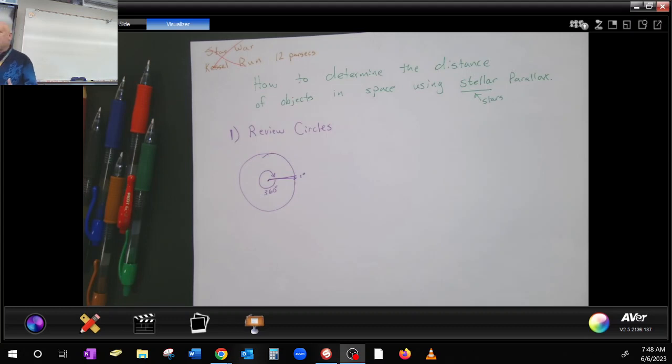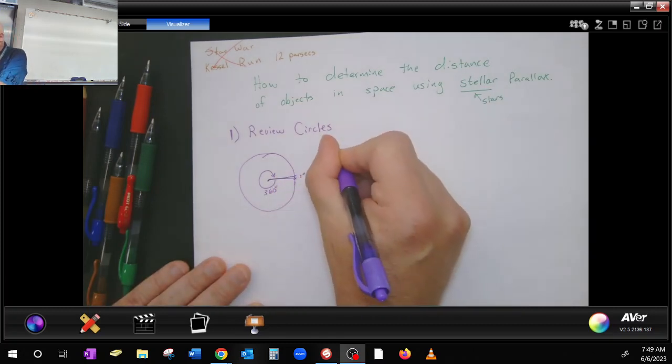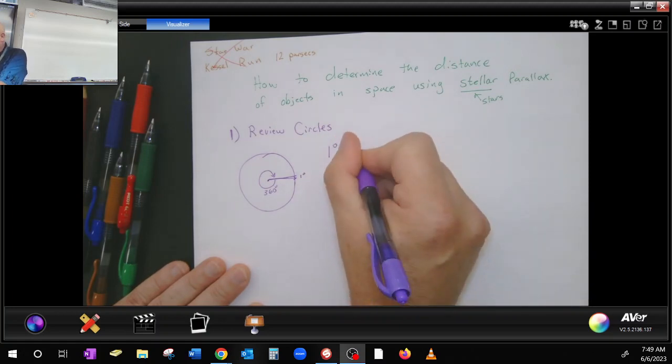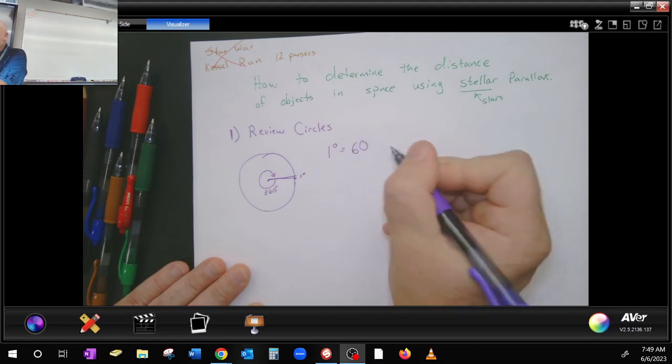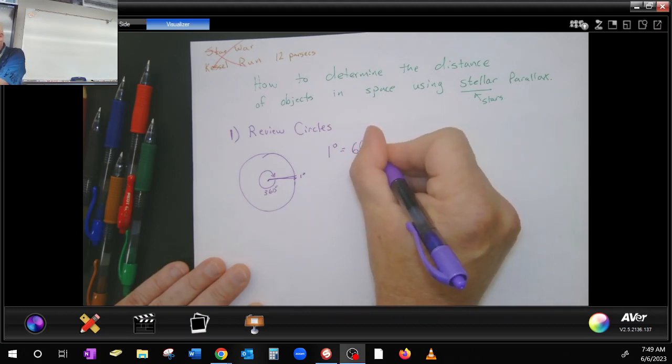So we're not going to be able to take half a degree and just say that would be 0.5 of a degree. We have a different system of breaking it down that's going to sound like something you've heard of before. 1 degree on a circle can be broken down into 60 parts, and we usually put a little tick mark like that.